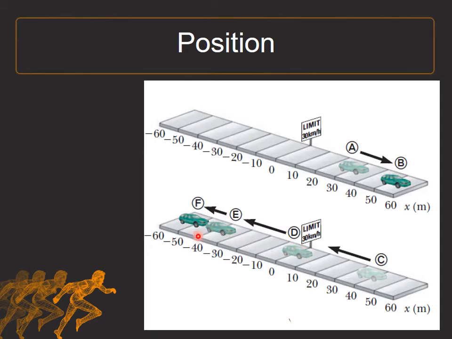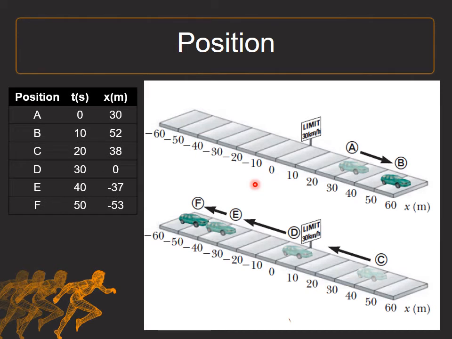And F, of course, is at negative 50 meters. So those are the positions. These are what we call positions A, B, C, D, E, and F with respect to the 0 or our origin, which is the signboard with the limit of 30 kilometers per hour.